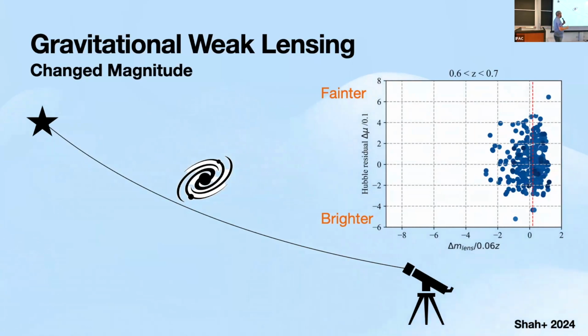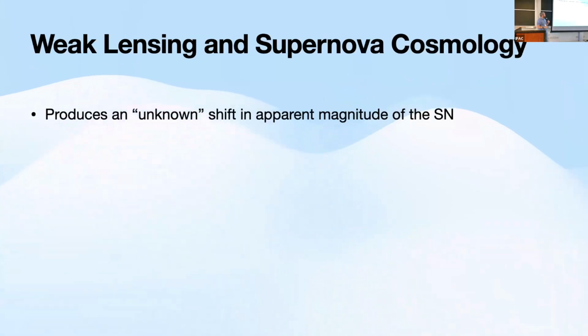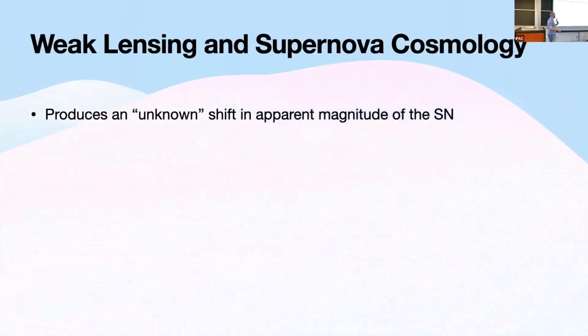And so you can see, this is from a DES survey, that there is some magnification, a shift in the observed magnitude of the supernova because of this sort of foreground mass distribution. So what do we do with this? This is sort of a random process. It's really hard to know exactly all of the matter between us and a supernova, particularly once you start getting to higher redshift.